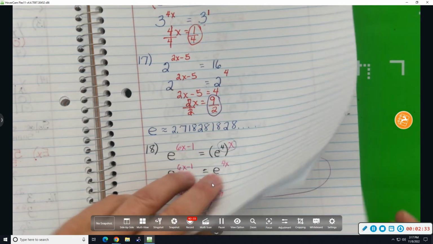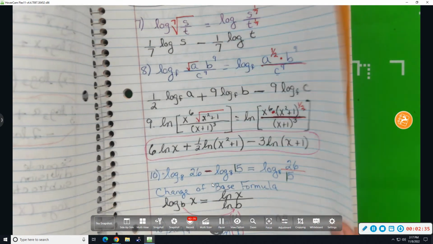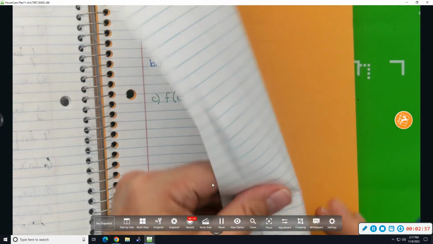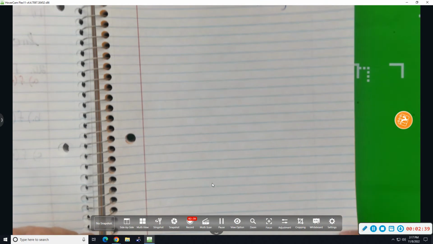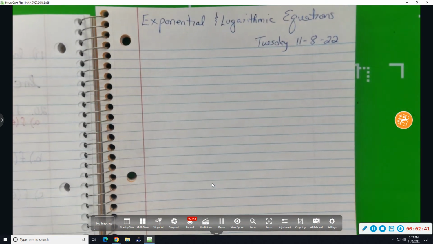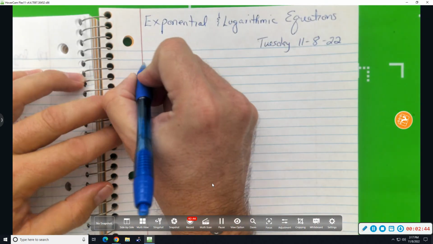So, this is solving exponential and logarithmic equations.